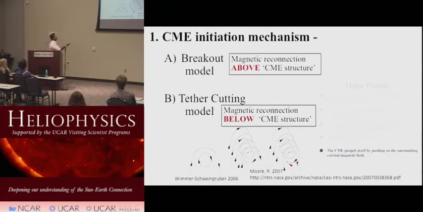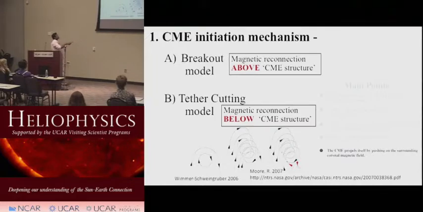And in this diagram, I'll show you more pictures of it later, but if this is your CME, and this is an overarching field line on a macro scale much higher up, then the breakout model is talking about reconnecting field lines above, which means between points at this region.